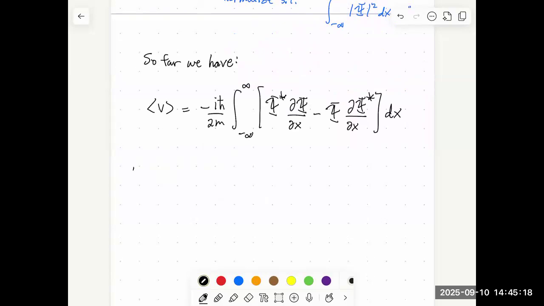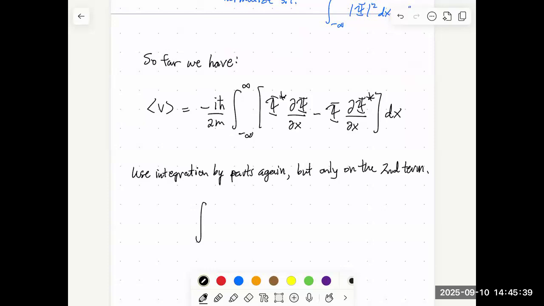So we're going to use integration by parts again, but only on the second term. Okay, so I want to focus on the integral of phi d phi star dx dx.